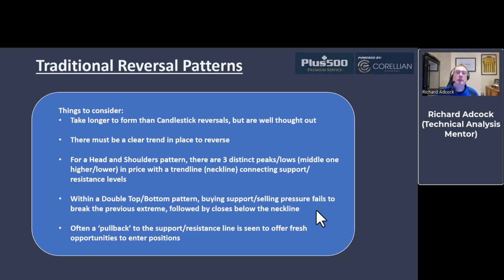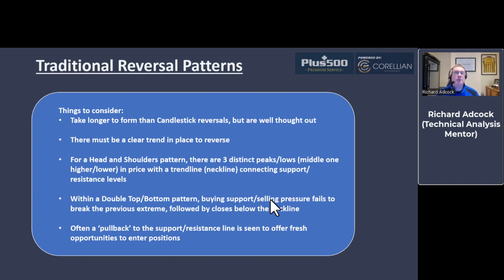Now, there's a trend line which connects the highs or lows, and this represents the neckline support or resistance, which needs to be broken on a closing basis to reflect a more serious shift in sentiment, completing the reversal, and then bring about a much more prolonged movement.